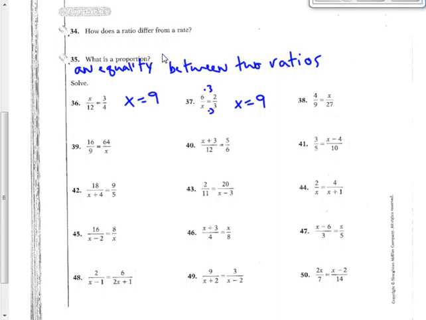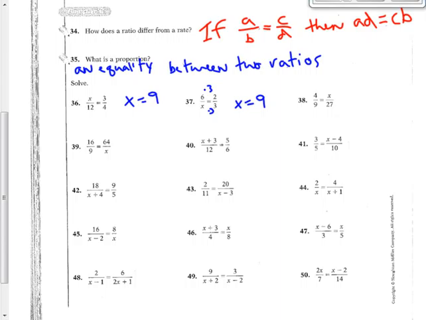In a proportion, if I have a over b equal to c over d, then a times d is equal to c times b.